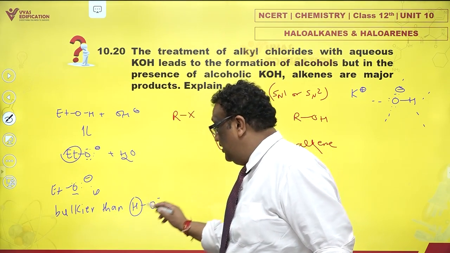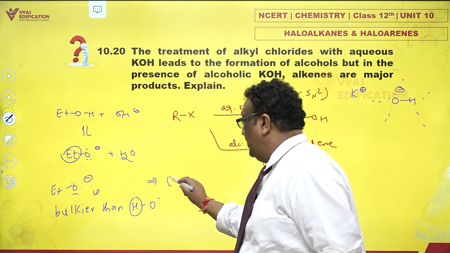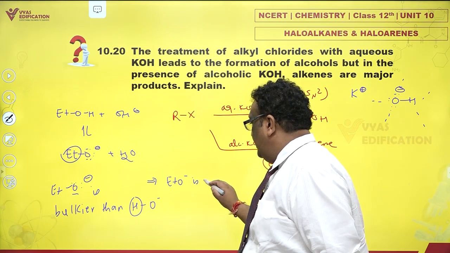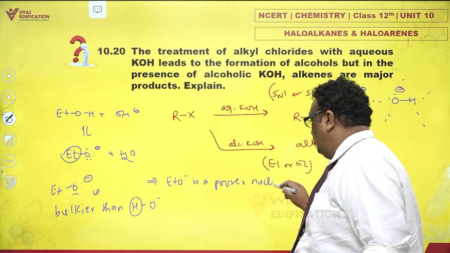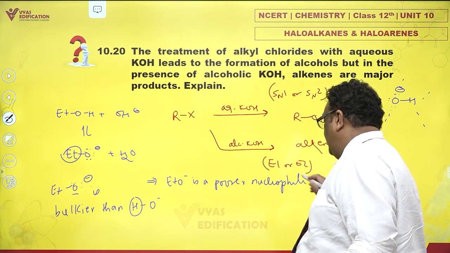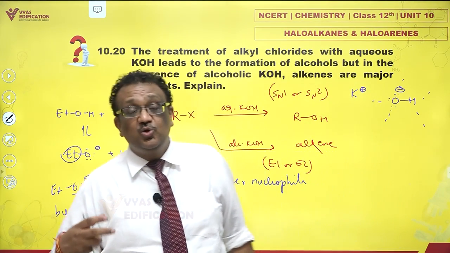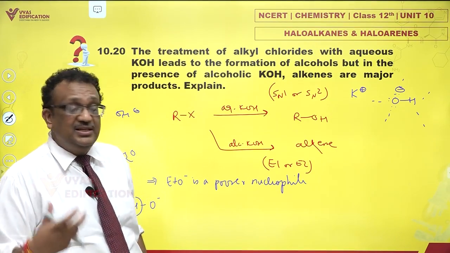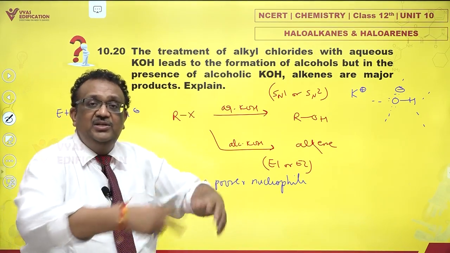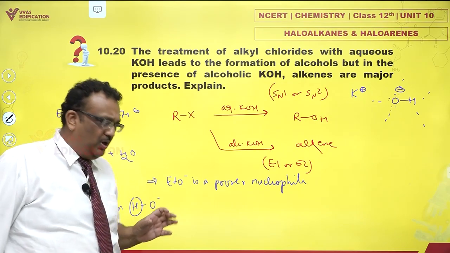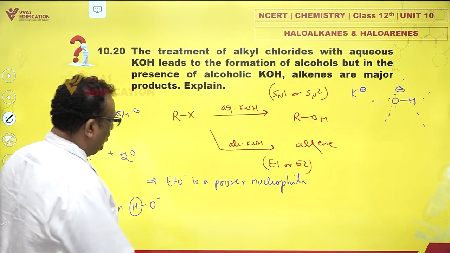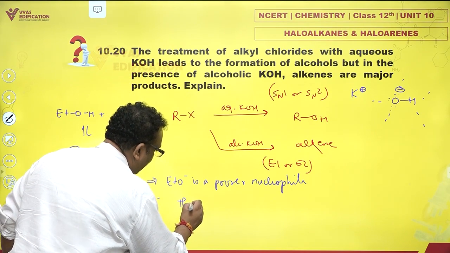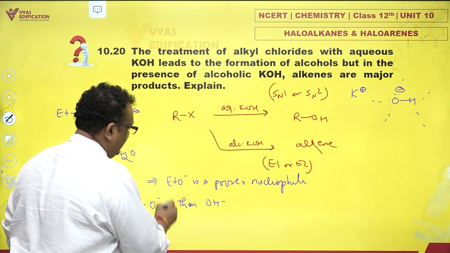If it is bulkier, this means EtO minus is a poorer nucleophile. If it is giving SN2 attack, it is going to face more resistance because it is huge, it can't enter. OH minus is smaller, it can quickly and easily enter. So EtO minus is a poorer nucleophile than OH minus.